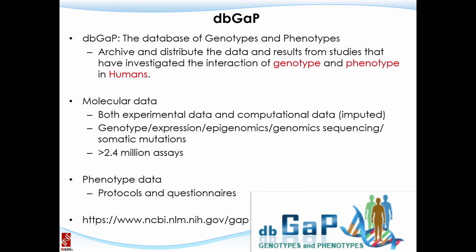Another database is called dbGaP, the database of genotypes and phenotypes, and this holds more protected data sets. For the GEO database, you can deposit RNA-level data. Normally, that's okay. But if you want to put the raw data in, if it's a cell line or animal study, it's no problem.